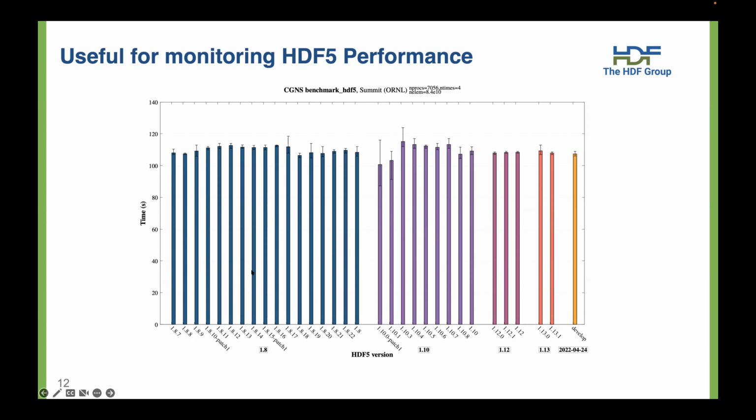For example, here we've benchmarked CGNS against all versions of HDF5 up to develop, and we monitor the performance for each version. For the parallel case, we don't see much of a difference. So just keep in mind that we have tuned a lot of these third-party applications, such as NetCDF and CGNS, if you can use those instead of making your own HDF5 output.